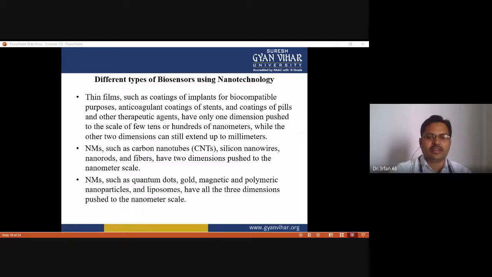They have enabled the simultaneous multiplex detection of many disease biomarkers and the diagnosis of disease at a very early stage. Okay, and they have also opened the possibility to explore the detection of ultra-trace concentrations of target analytes and have led to ultra-sensitive, rapid, and cost-effective bioassays that require minimum sample volume, okay, which is the criteria for a good biosensor.